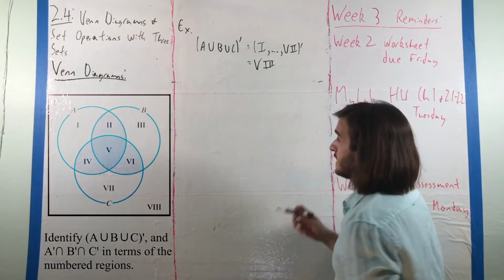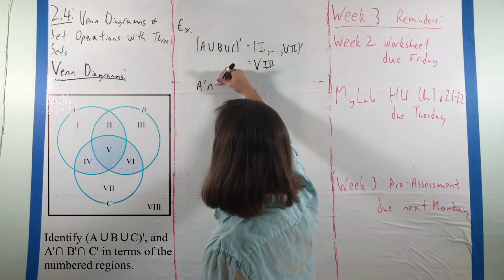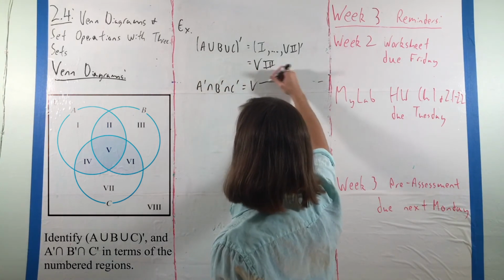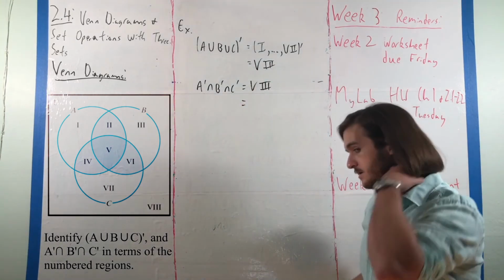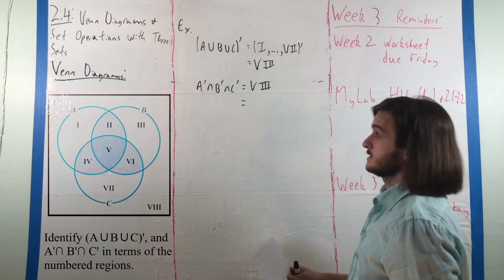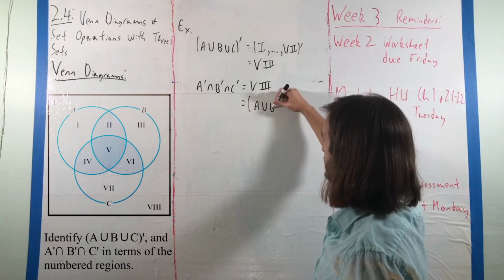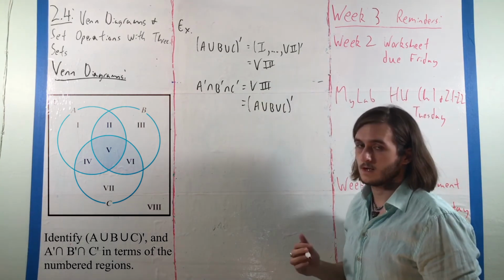The only thing that overlaps between all of them is the outside again. So A complement intersect B complement intersect C complement is actually the same as A union B union C complement.